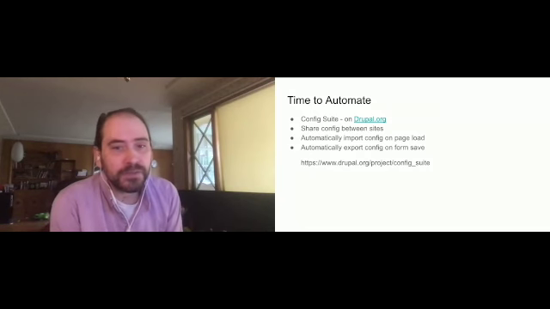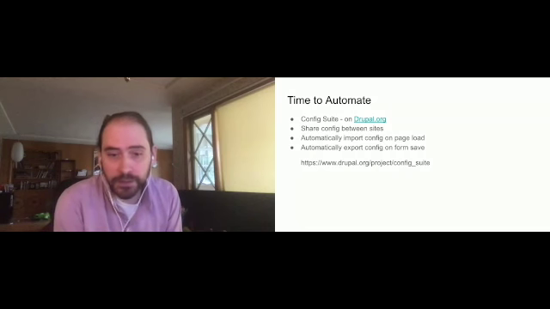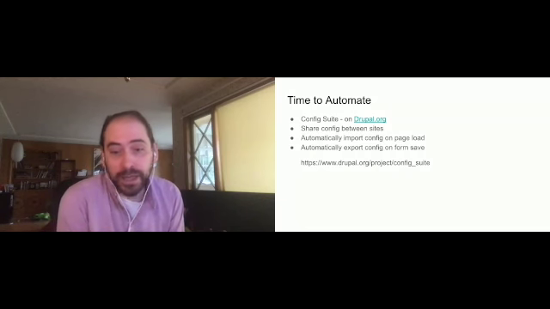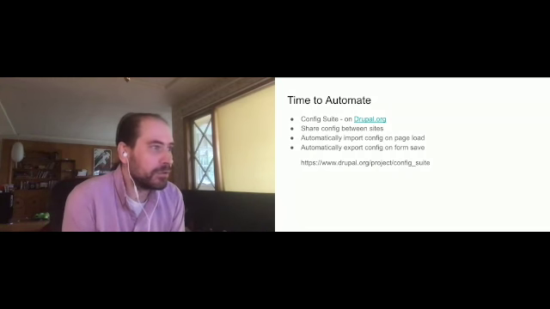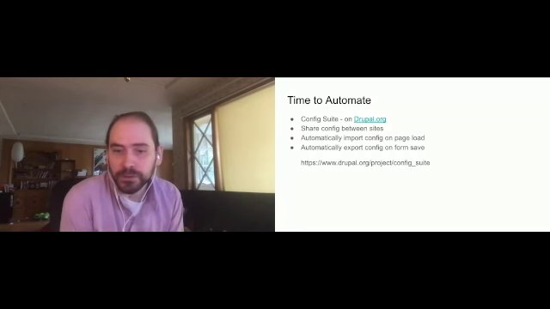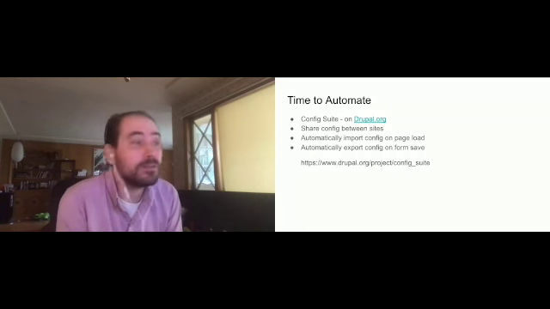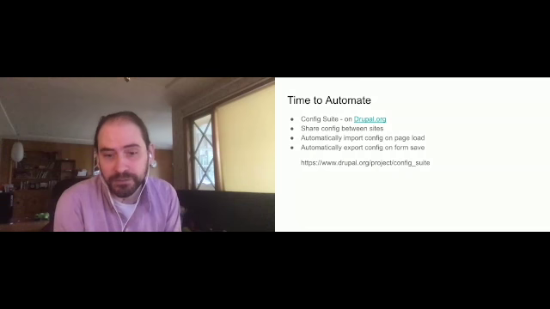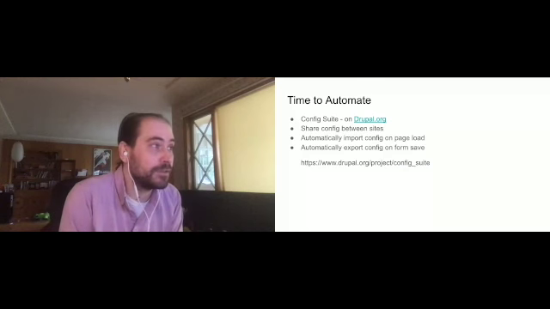Both of these features are optional. You can use one or the other or both on any environment you want. So in your local environment, for example, you might use both so that your configuration is always in sync. But in production, you might be a little bit uncomfortable with production automatically exporting configuration, for example, because maybe production doesn't have the permissions to write to the configuration synchronization folder.